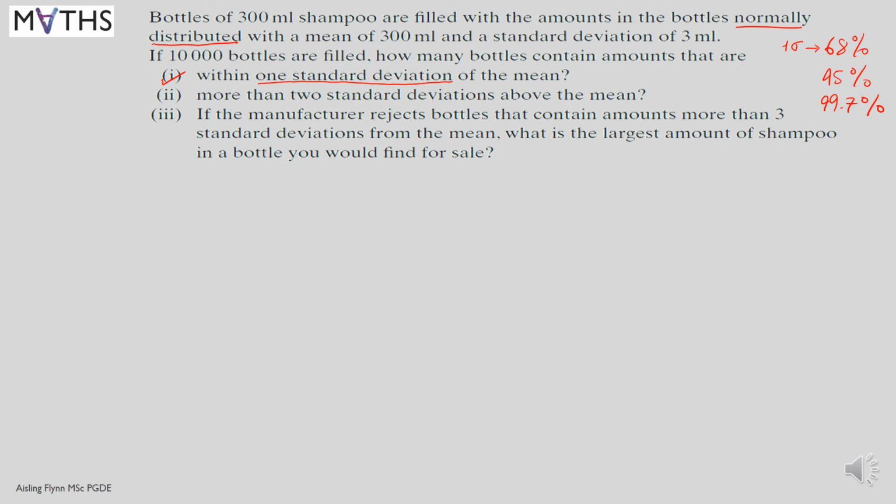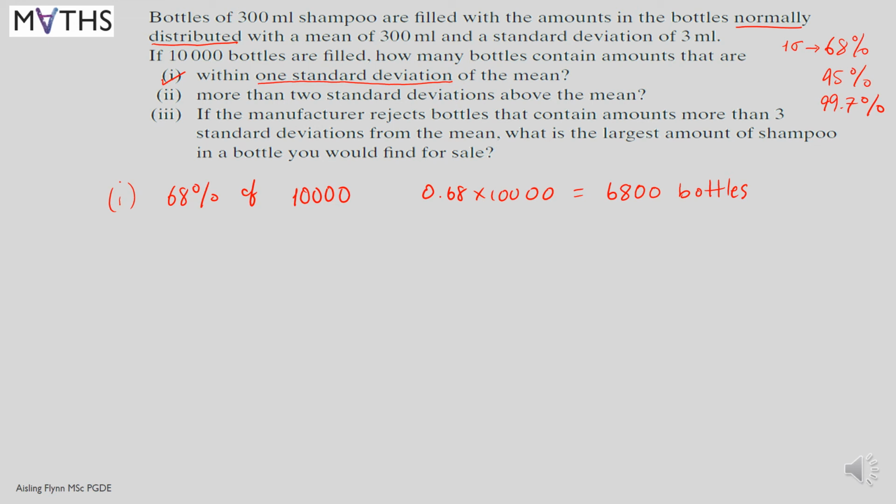So question 1 will get 68% of 10,000. So 0.68 times 10,000, count your zeros, and we get 6,800 bottles. So more than half, 68% of them.